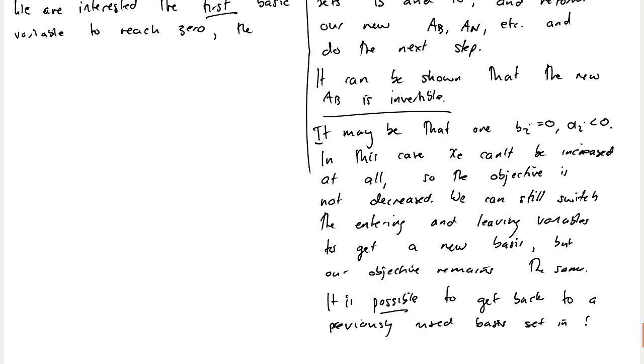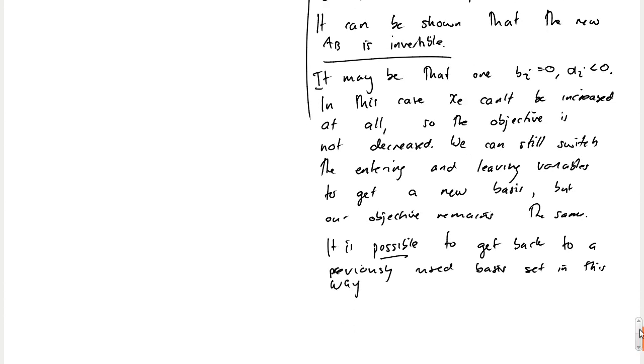And that's not so good, because basically we're just going to go looping round and round and round in circles, and the algorithm will cycle. Okay, this phenomenon is called degeneracy.